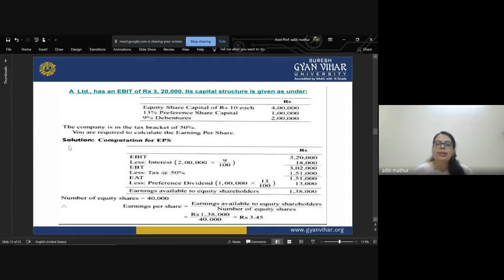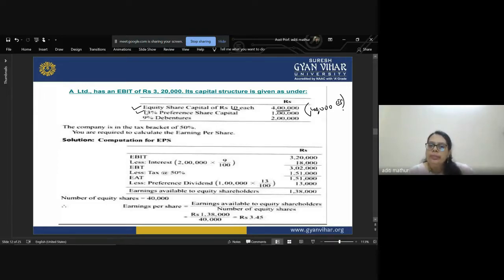So we have A Limited, which has an EBIT, that is earning before interest and tax, of 3,20,000, right? And the capital structure of A Limited is that they have equity share capital of 4 lakh rupees, 10 rupees each. That means they have 40,000 equity shares.